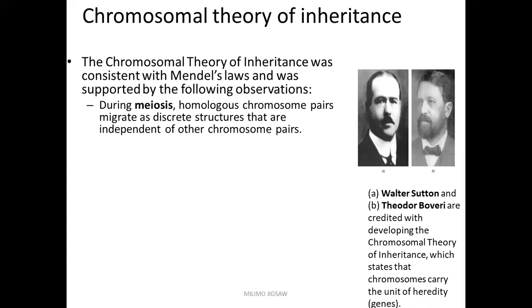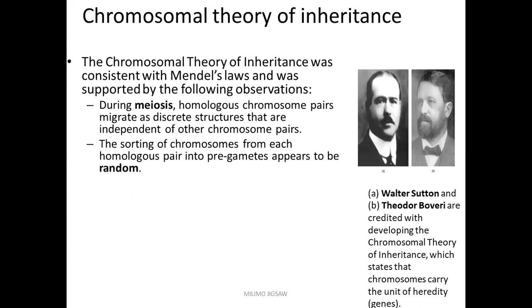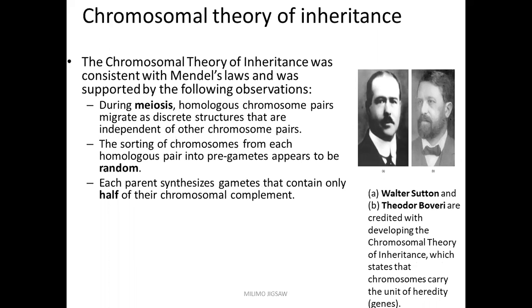These observations were made during the process of meiosis. Then there was also an observation of random assortment, where the sorting of chromosomes from each homologous pair into pre-gametes appears to be random. The other observation that was made was that each parent synthesizes gametes which only contain half of their chromosomal complement.